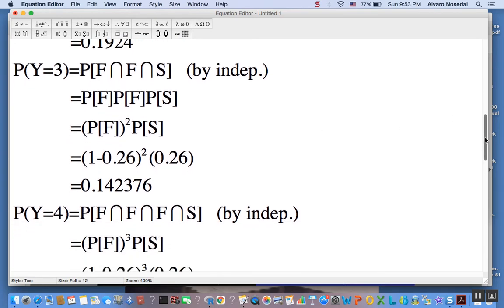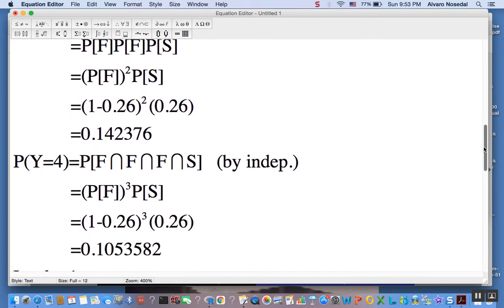Finally, if we needed 4 trials to get our first success, that means that the first 3 trials were failures, and the last one was our first success. So the difference between these two is 1.